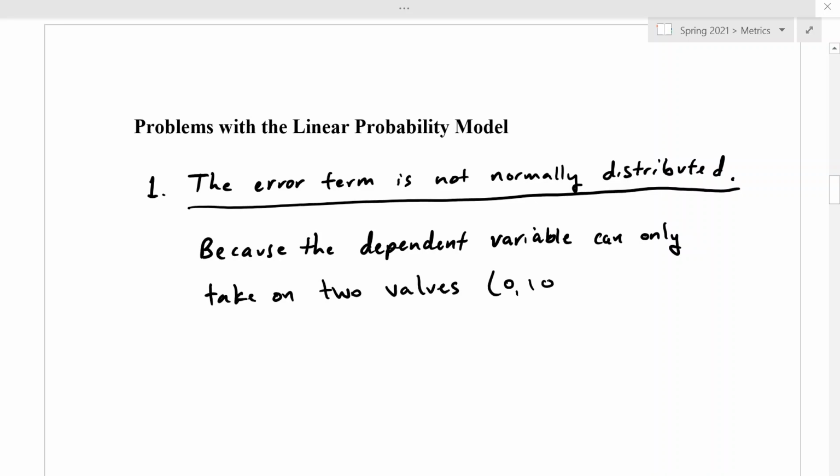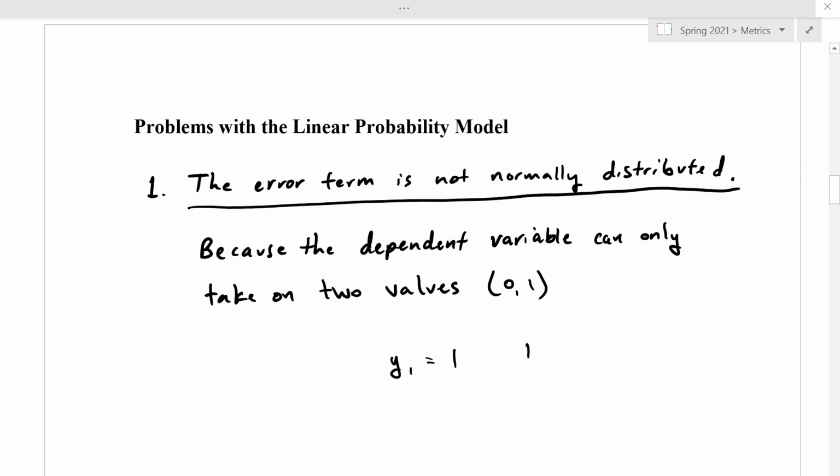Either a 0 or a 1. You might say that some person has a 1 for an outcome, but if you're wrong about that, then the error is 1.